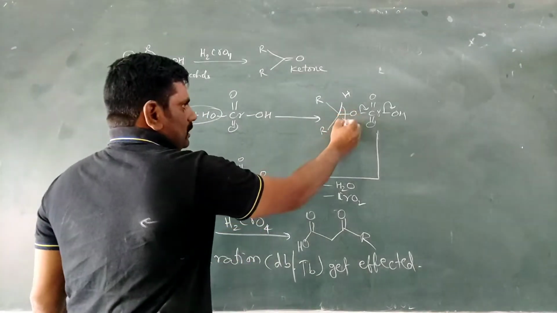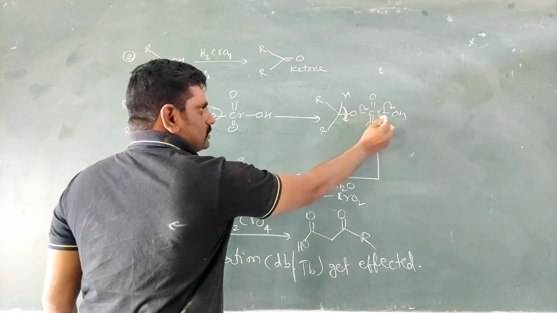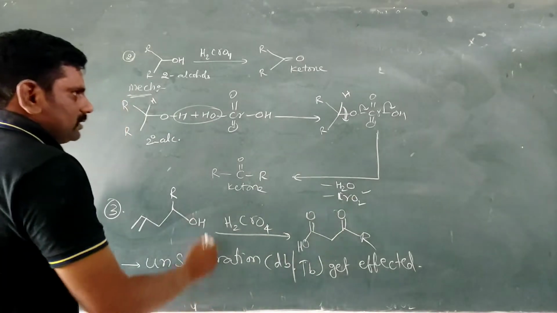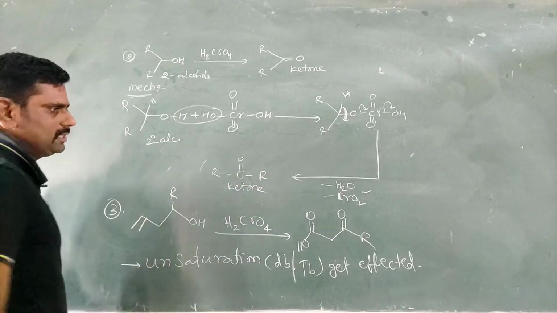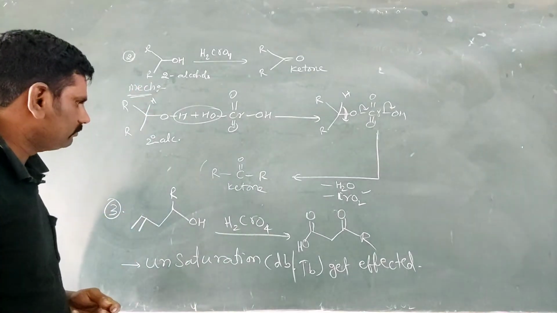After a small rearrangement, a bond comes here, forming a double bond, this bond cleaves and OH minus leaves. These are the byproducts. After the byproduct formation, we get the main product, that is ketone. So secondary alcohols are converted into ketones.